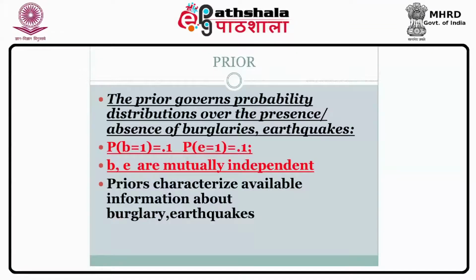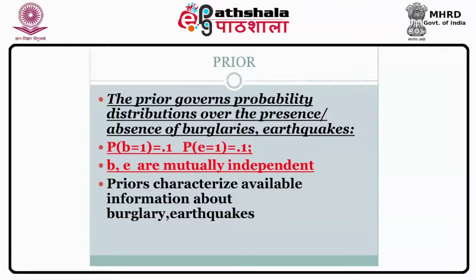The prior distribution I am talking about, on the parameter theta, governs probability distributions over the presence or absence of burglaries or earthquakes. The prior idea comes from some previous study that the probability a burglary occurs is a very little chance, 1%, so 0.1, not 1%, it's 10%.